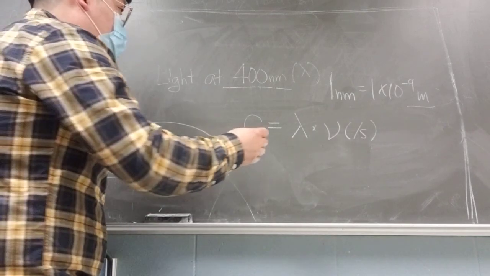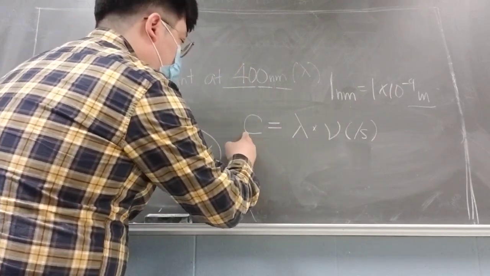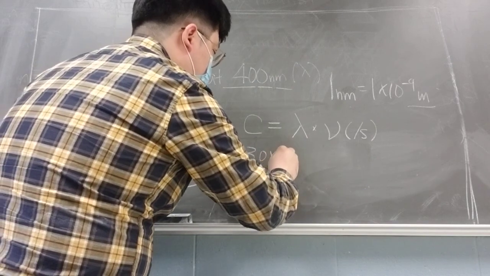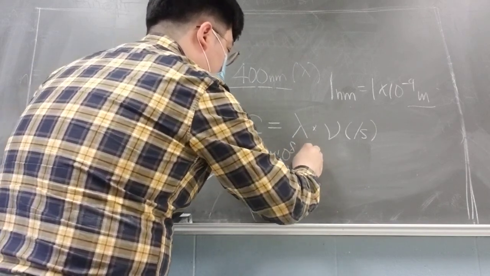So just copy the speed of light, 3.0 times 10 to the 8 meter per second.